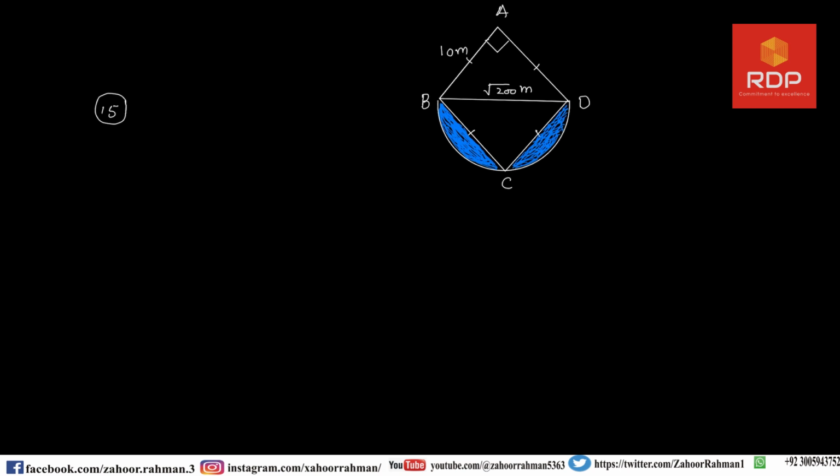So for this, let us first divide the figure for perimeter. In the first part, we are finding the perimeter of shaded region.